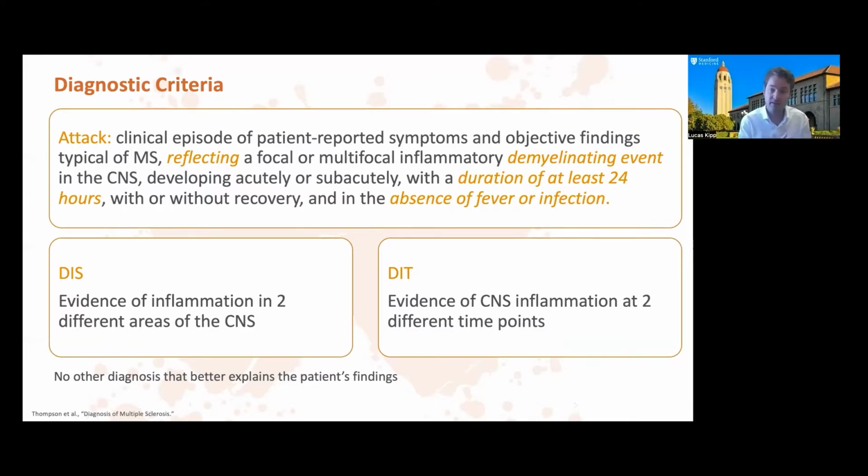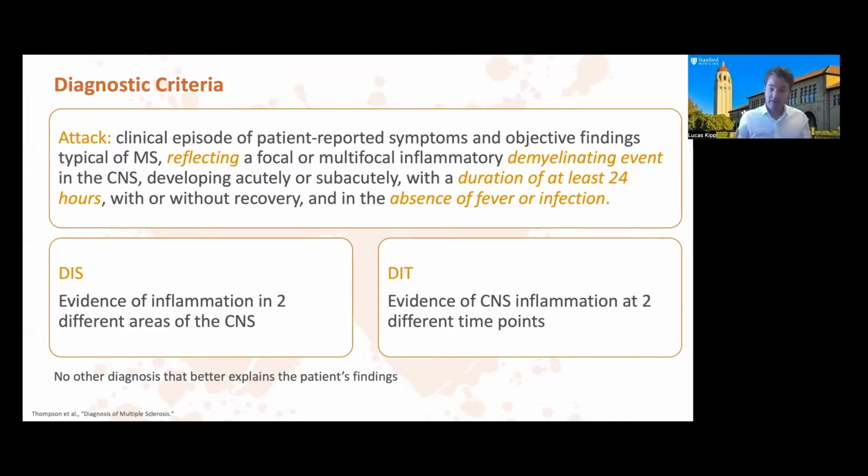Versus if you can identify something like a preceding infection, or very rarely something like a vaccination that caused the immune system to be overactive and it made a mistake, that's more likely to be monophasic and not go on and continue to cause a problem.